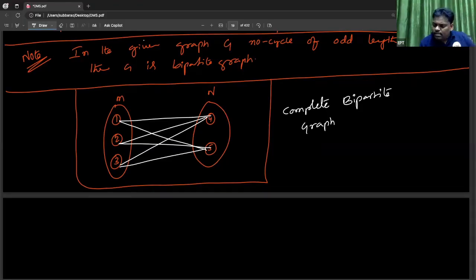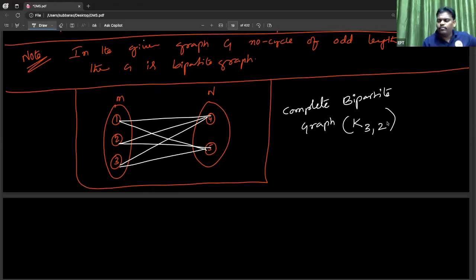Some people are asking, sir, in a complete bipartite graph, one part contains 3 people and another part contains 2 people, how to represent it? This is the way. Complete means K. First part contains 3, second part contains 2.